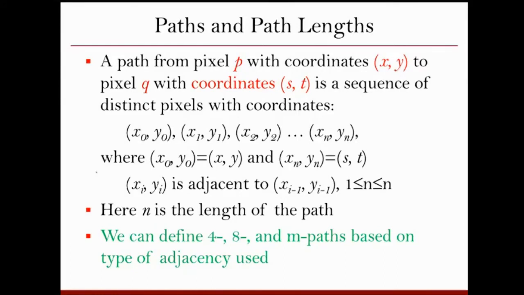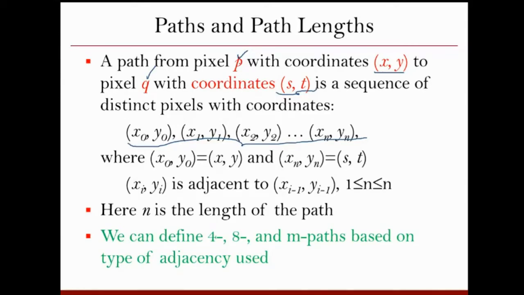So we can say that if there is a pixel P given, which is at x comma y, and pixel Q given, which has, let's say, coordinate s comma t, then we can define a path from xy to st as a set of pixels like this, where every value that you are seeing here is the coordinate for a pixel.